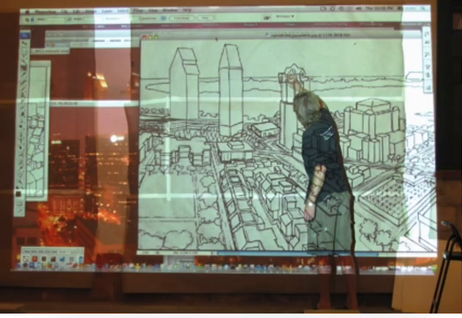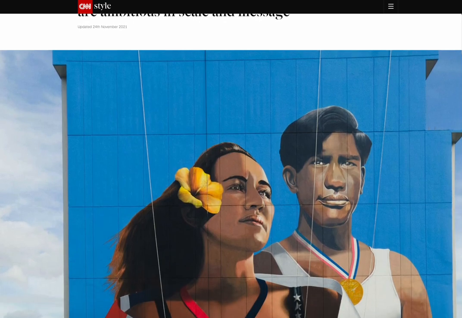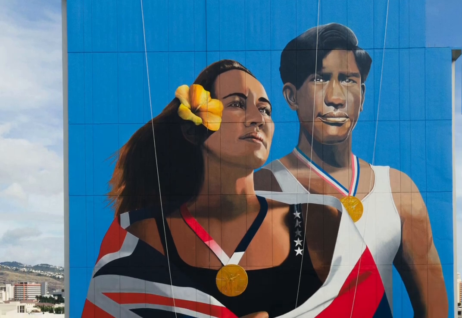Some of you also might be familiar with this mural that's on King Street. I think they put it up a year ago. And here's an article on CNN Style in the arts section. It says, Hawaiian artist's enormous murals are ambitious in scale and message. You probably have seen this down on King Street.